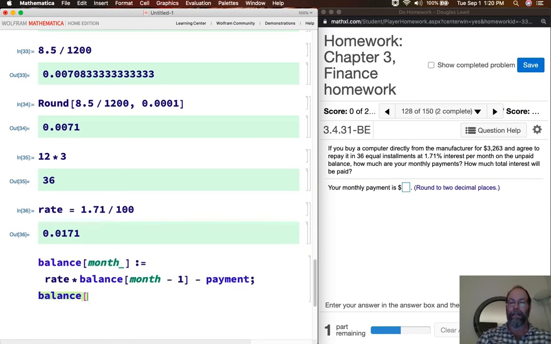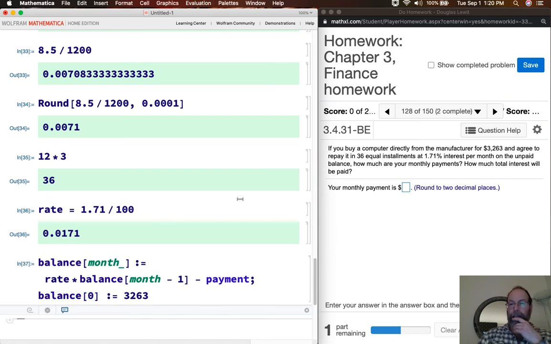And then balance of 0 is equal to, I should probably use my colon equals, balance of 0 is going to be equal to $3,263. Shift, enter.